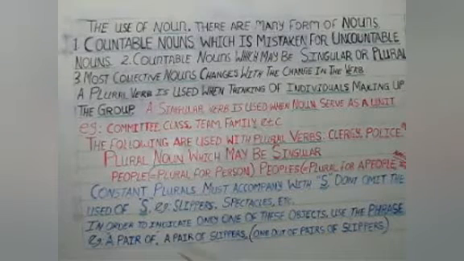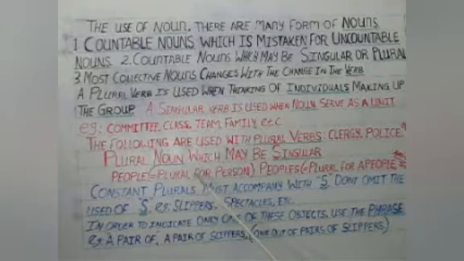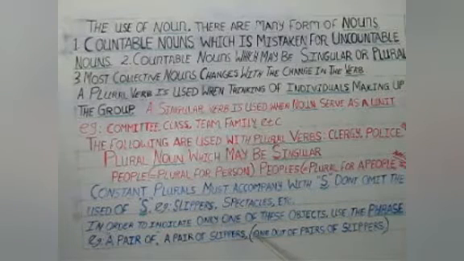A phrase is when you say a pair of, with the article a used to indicate reference to only one out of those pairs, whether it's slippers, spectacles, or glasses for that matter. So you say a pair of slippers.